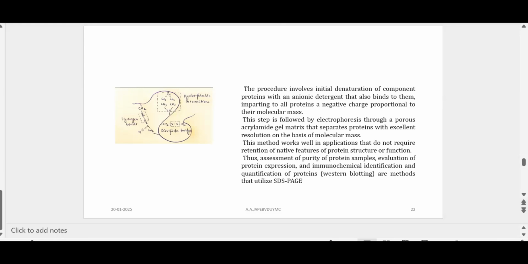Mercaptoethanol is another one which is used to break the disulfide bridges, right? So mercaptoethanol and SDS together, we have discussed how they are utilized for the process, right? So maybe you are going to have proteins that are insoluble in concentrated aqueous solution of urea.